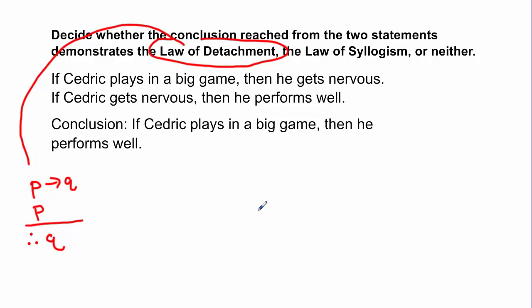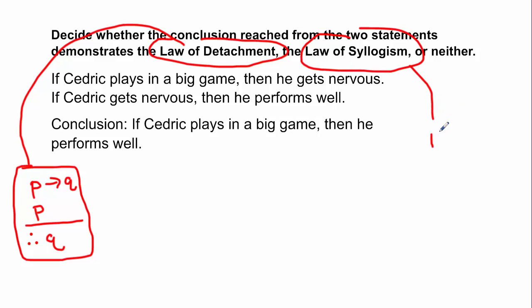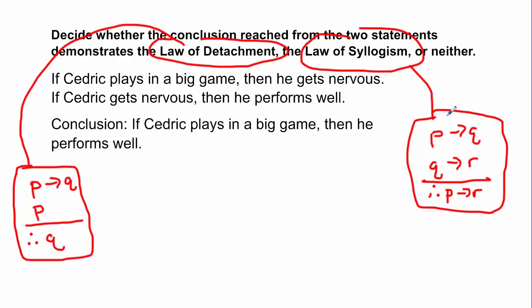Then the law of syllogism is the case where I have two conditionals: P implies Q, Q implies R, and my conclusion would be that P implies R. So that is the law of syllogism.